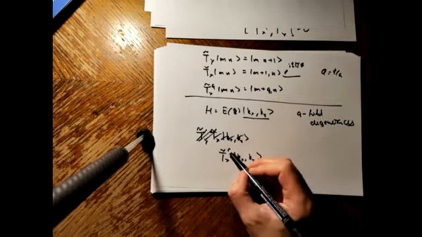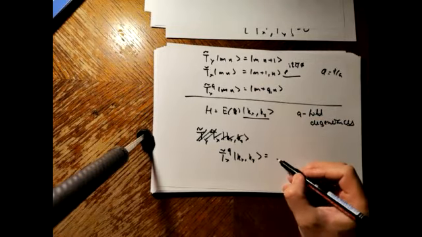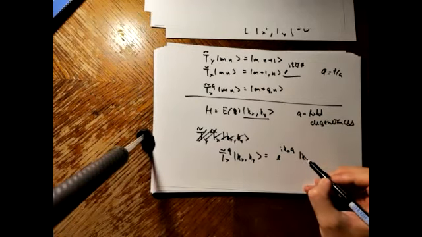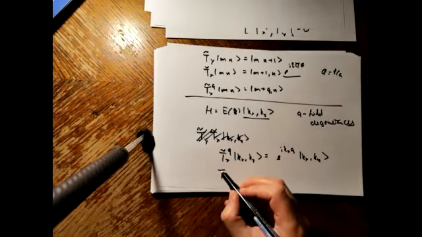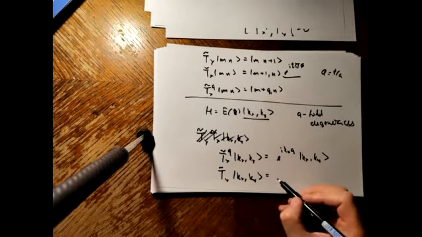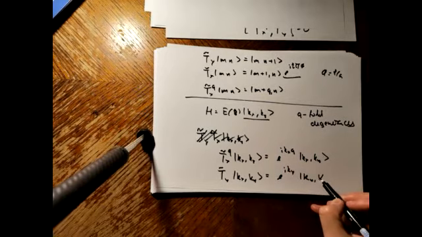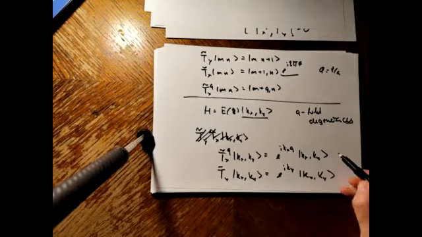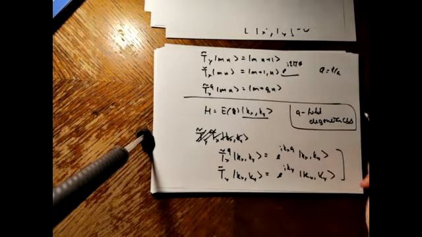Well, we don't know what t̃x does, but t̃x^q |kx, ky⟩ is going to give you e^{i kx q} |kx, ky⟩. And we also know that t̃y |kx, ky⟩ is going to give you e^{i ky} |kx, ky⟩. Based on this, we can show that there will be a q-fold degeneracy.